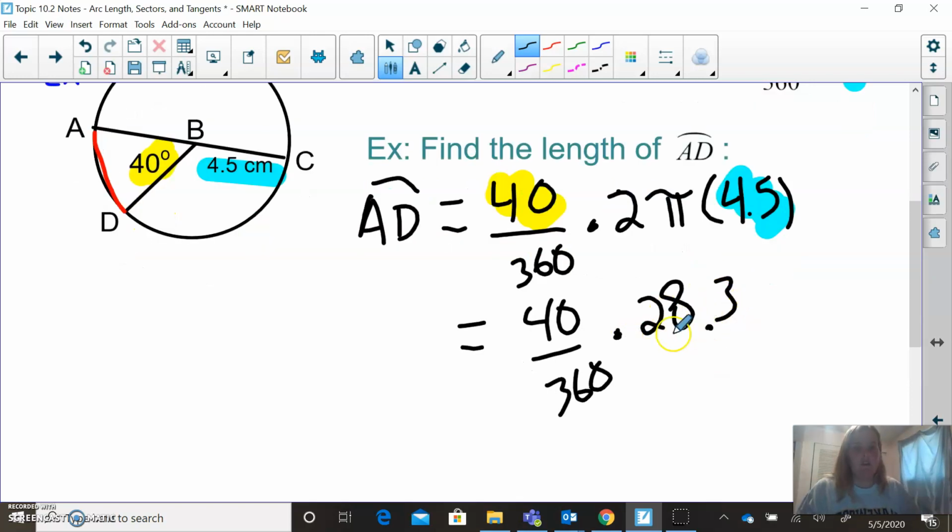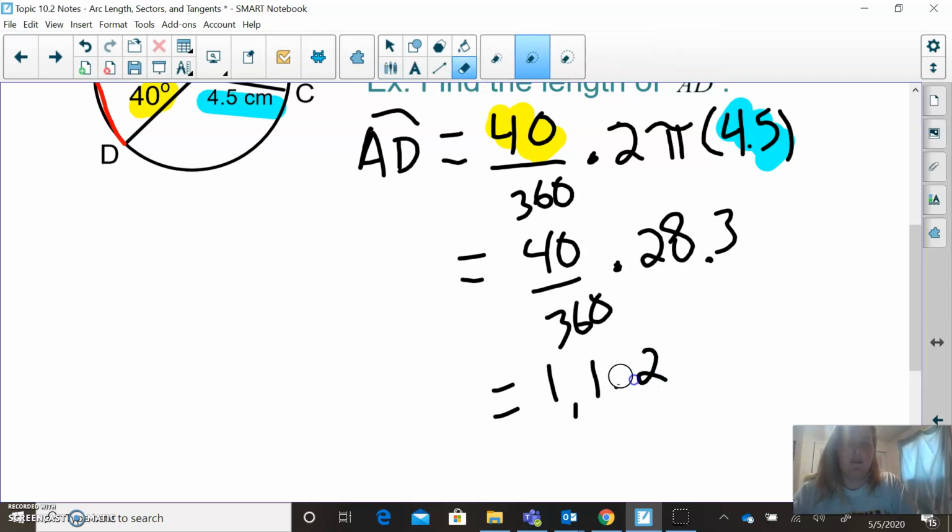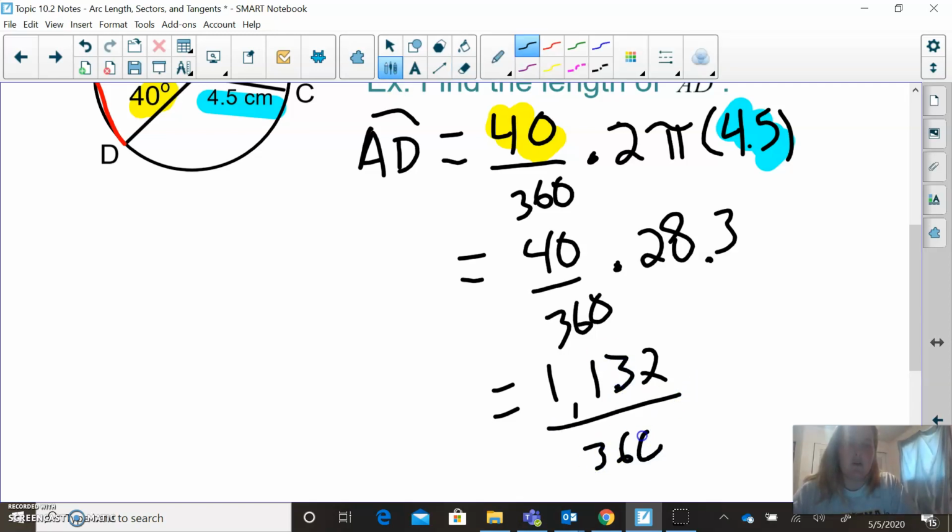Then you're going to take the 28.3 and multiply it by 40. So you get 1,132 divided by 360. Okay.